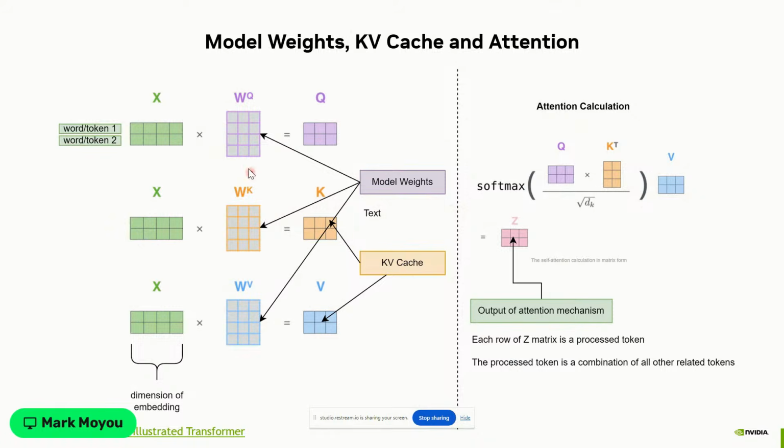But overall, what this is trying to do is to say, these input tokens come in, I get this Q matrix. When I do this Q times K math, that's actually saying how does a token relate to all other tokens? So I get some sort of distance measure between one token and another, and then I'm going to use that distance measure between tokens to do a weighted sum.